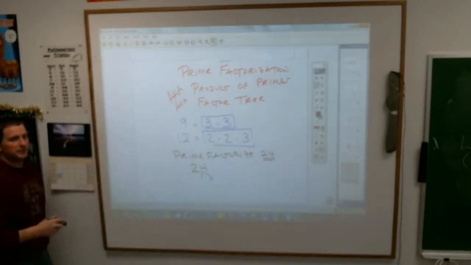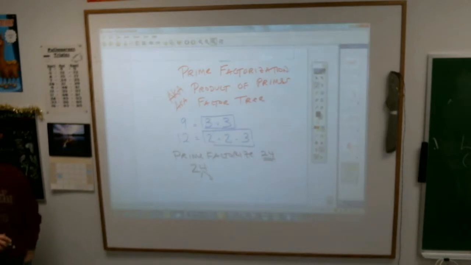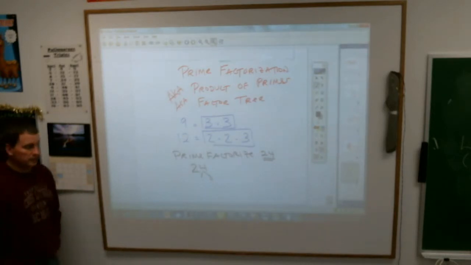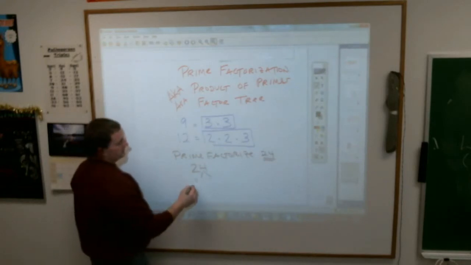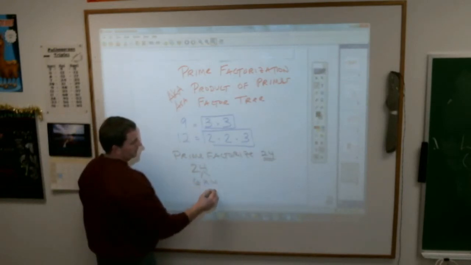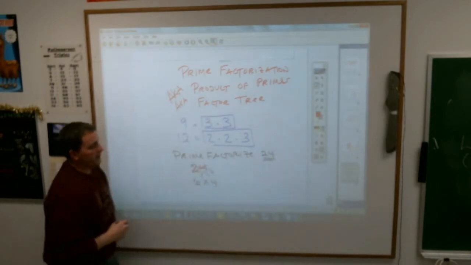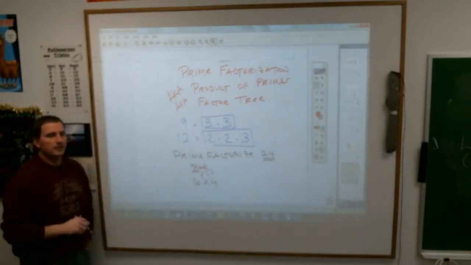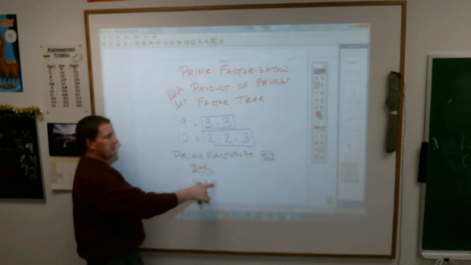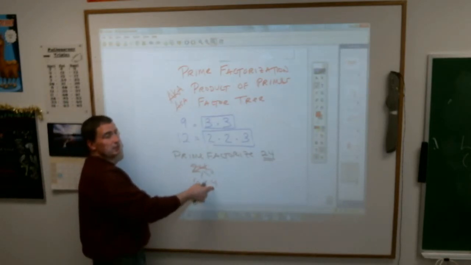What times what will give you 24? There's no right or wrong answer as long as it does give you 24. Julia, you could have 6 times 4. Okay. So now we've cut 24 into 6 times 4. We're not looking at 24 anymore. You look at the 2 new numbers and you say, are those prime numbers or not? Can I break those down some more?